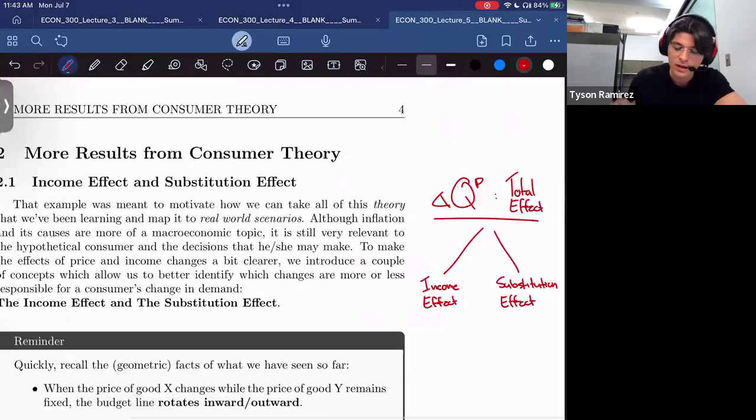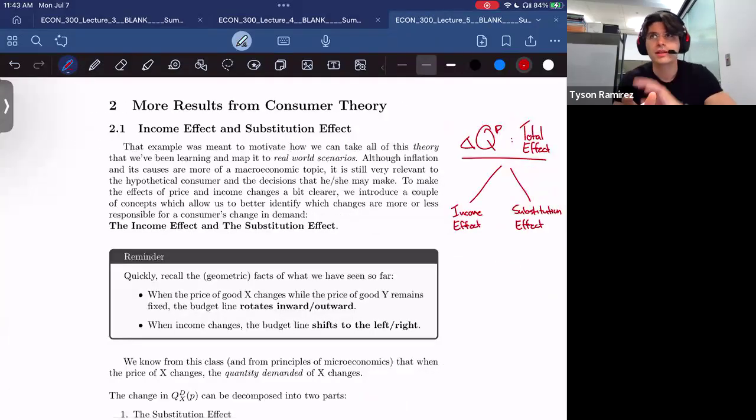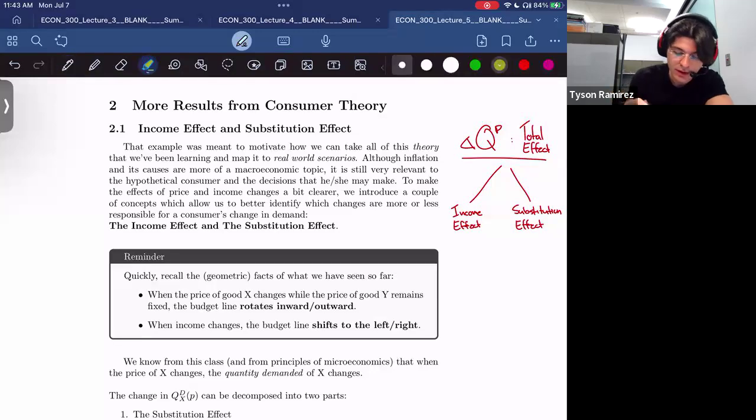All right. These are going to be the two components that we say comprise the change in demand that we see. And we refer to these things as the income effect and the substitution effect.